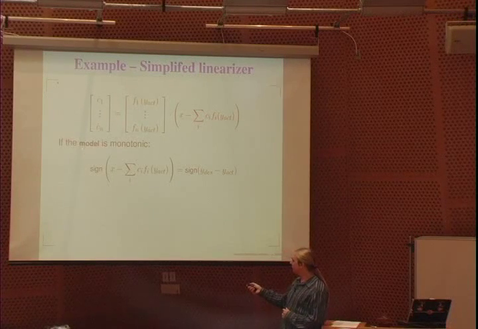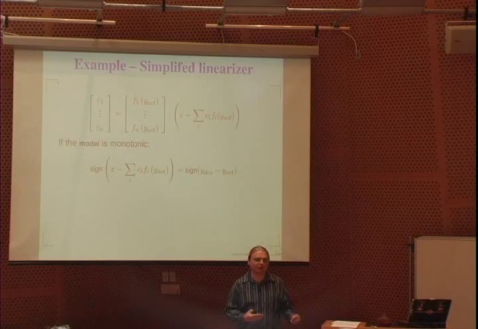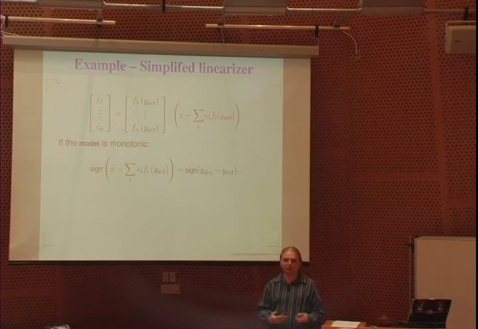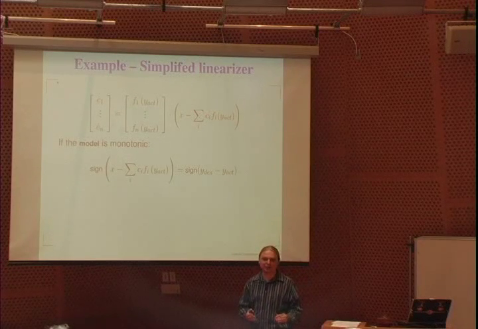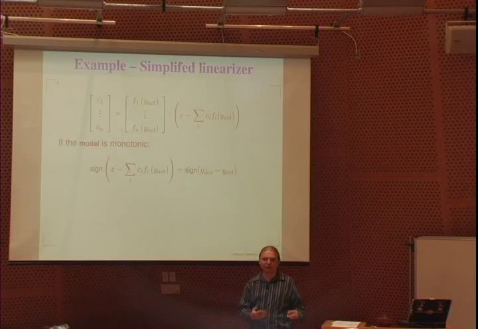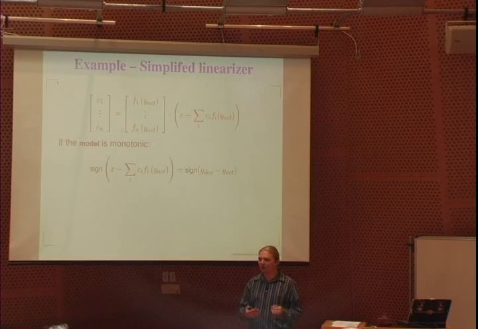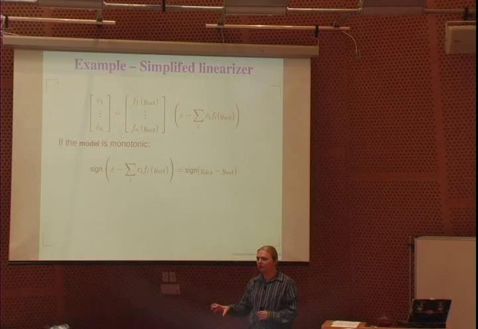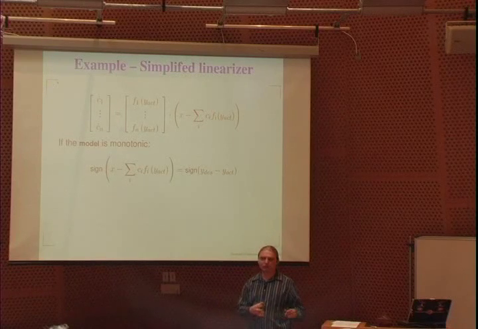It turns out that if the model is monotonic, and here I'm talking about the model being monotonic, the system can be non-monotonic. If I have a set of models where some models are non-monotonic, I can just hook up a constraint block that will restrict the system to the space of monotonic models.